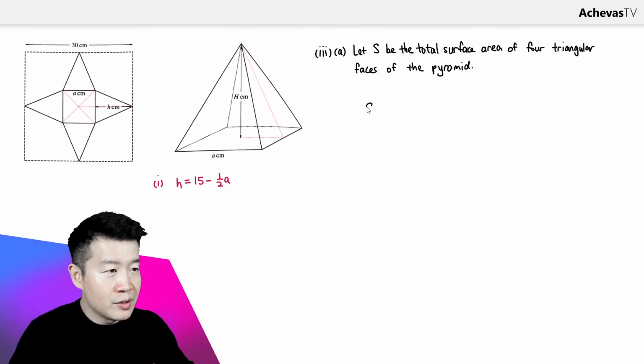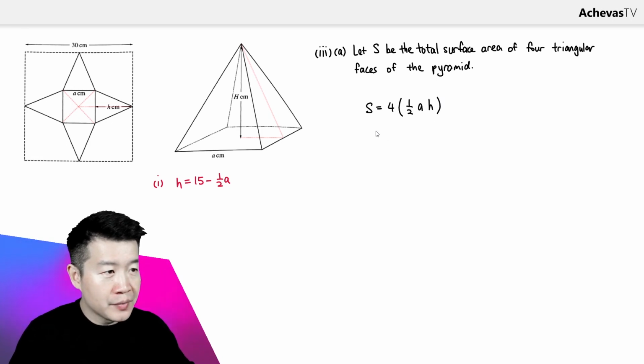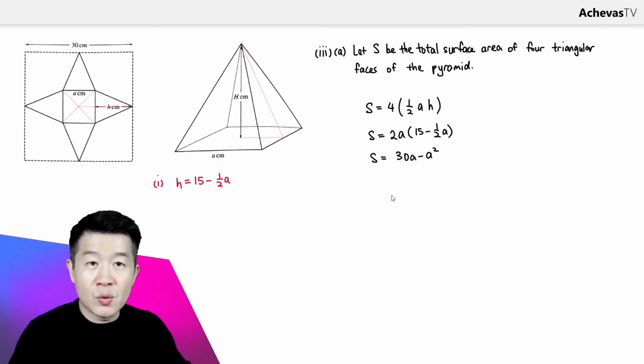The total surface area of the 4 triangles will be 4 times the area of one triangle, and that is half times base, which is A, times height, which is h. So S is equal to 2AH, and I'm going to make use of what we found in part 1. H is replaced by 15 minus half A. So the total surface area is equal to 30A minus A squared.